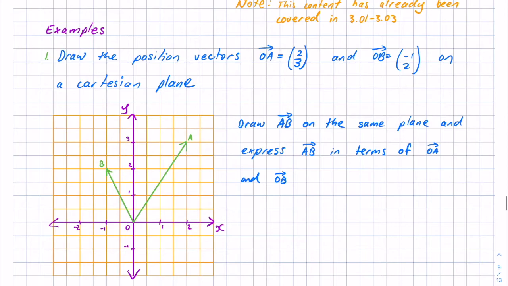Now we're asked to draw the vector AB. So that is from A to B. I'll just put the arrow in the middle on the same plane, and express AB in terms of OA and OB.